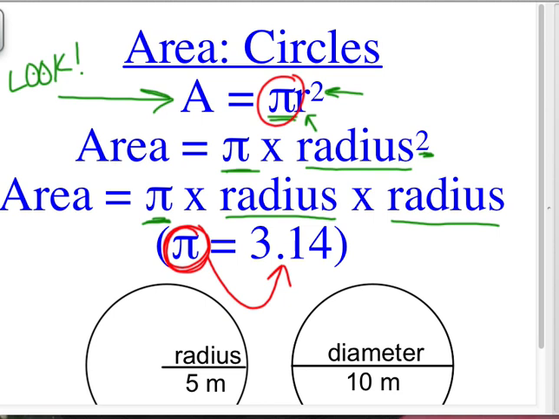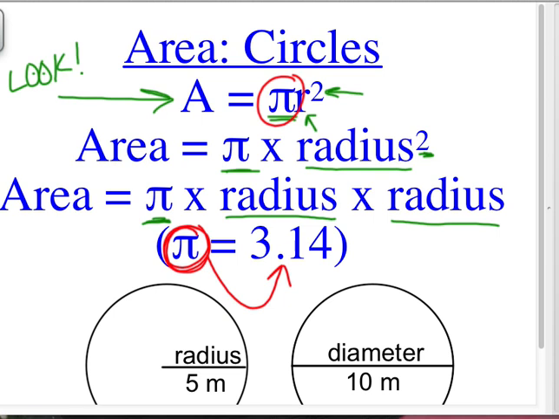But I'll always be using the pi button on the school calculators, and I'm hoping that you will be doing the same. Keep in mind, there are free scientific calculators out there on the internet for use. So if you're watching my video, I'm guessing you have access to the internet, and therefore you could access a free scientific calculator, which would have a pi button on it.